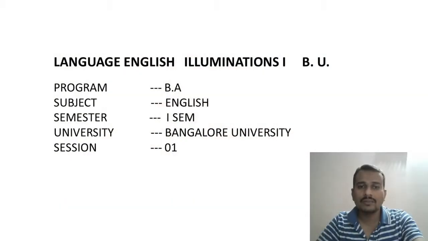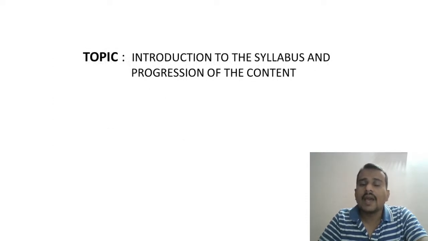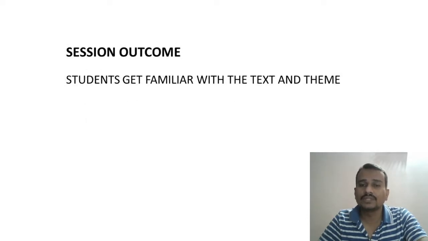And now, I'm in particular dealing with the first session of the BA course, Introduction to the Syllabus, Texts and Themes of the Semester of Bangalore University, and the learning objectives: why we are learning the text and the components of first semester BA, to make the students understand how the course would flow through the semester through the introduction to texts and themes.